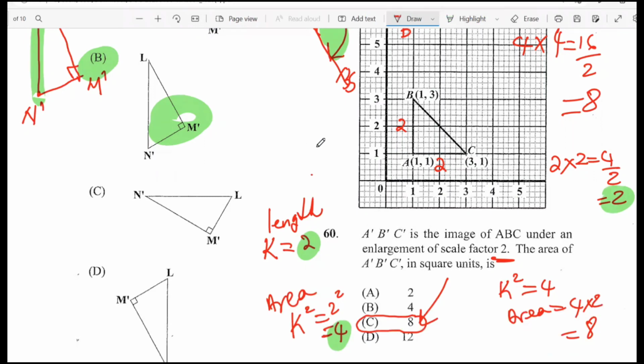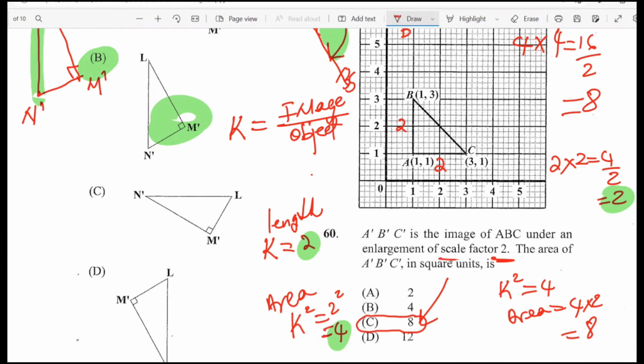Now, so that's basically what happened. The general formula is this, that scale factor is equal to image over object. Any related image idea over a related object idea gives you a scale factor. But because you were dealing with area, you have to square it.